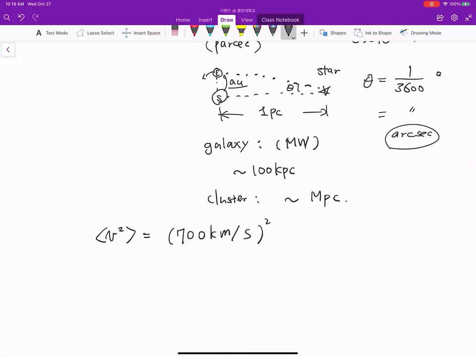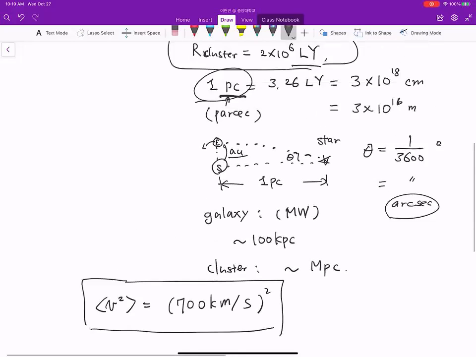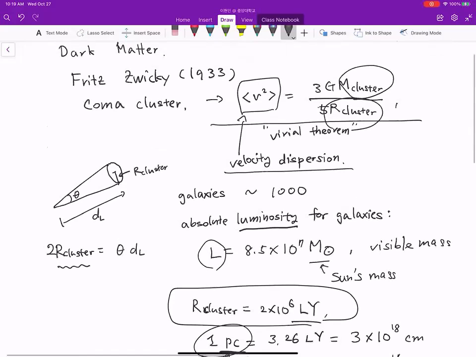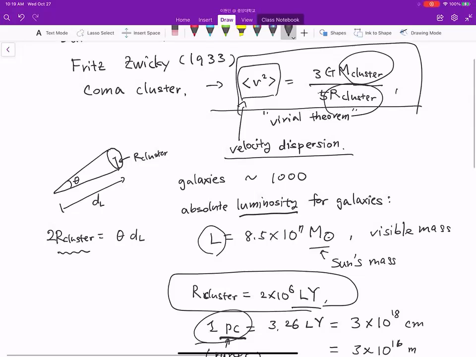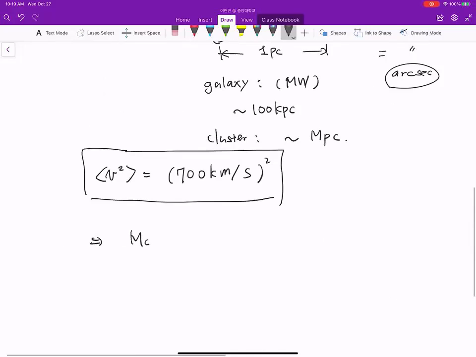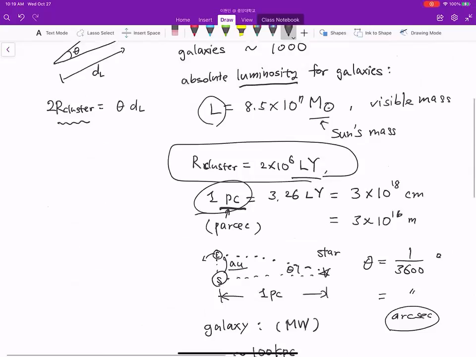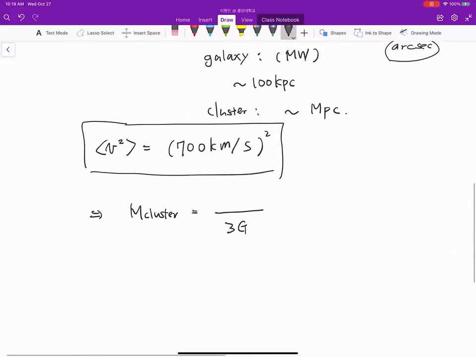So then we have the input parameters, this one and the radius. Therefore, we can solve this equation to get the cluster mass. So the cluster mass, therefore, let me go back: 3G, 5, cluster radius times velocity dispersion.